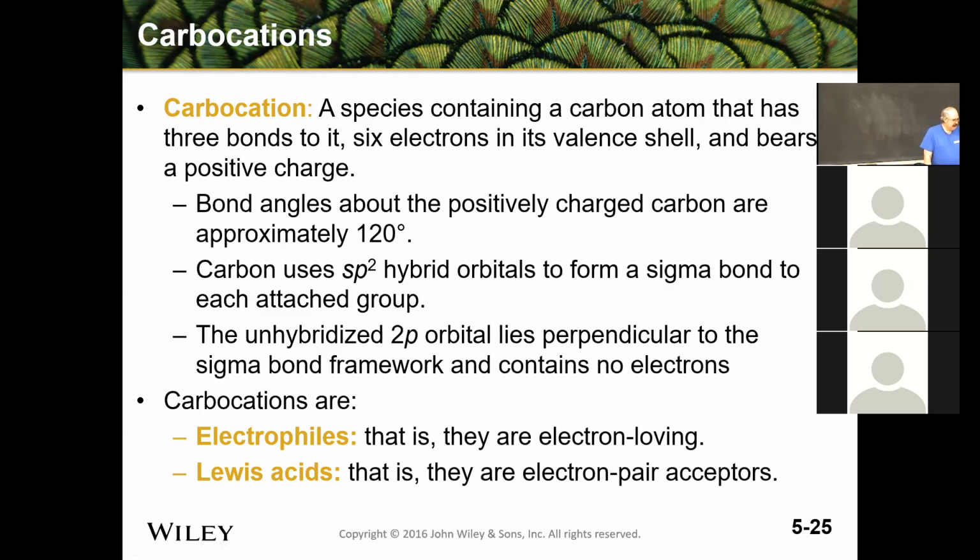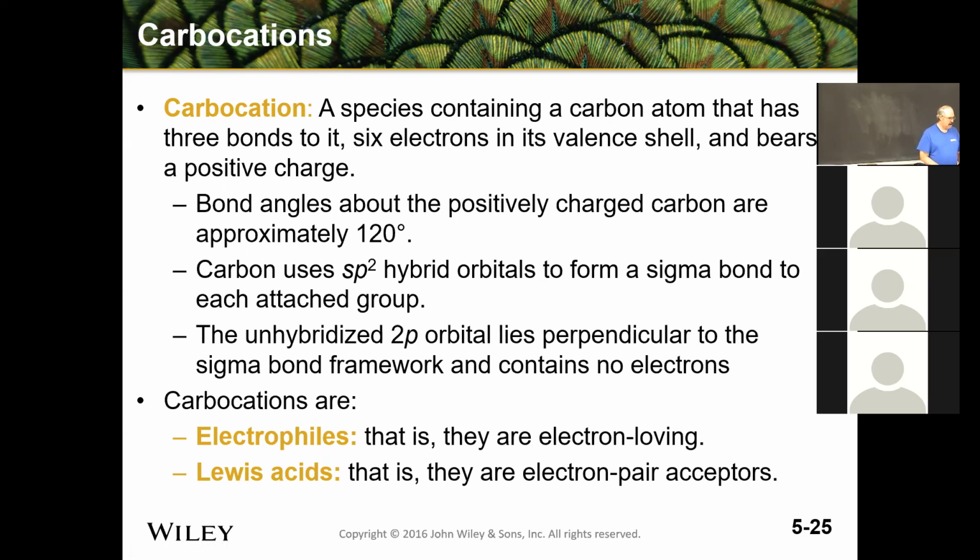So there was a 2s atomic orbital. There were 3 2p atomic orbitals. We hybridized or mixed 2 of the p orbitals, so there's one left over that was not hybridized. And that's the vacant orbital that lies perpendicular to the sigma bond framework. It's empty, it has no electrons.